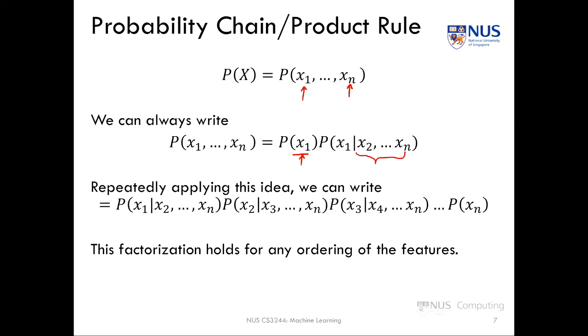We don't have to decompose it that way. We can take any of the variables in this region and then pull it out in this way. But the interesting part about this is we can repeatedly apply this idea.